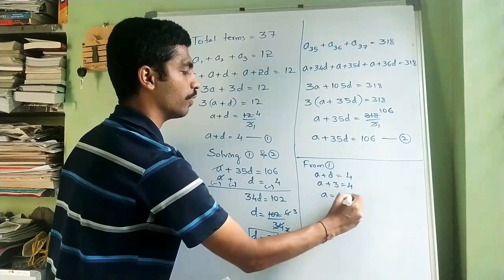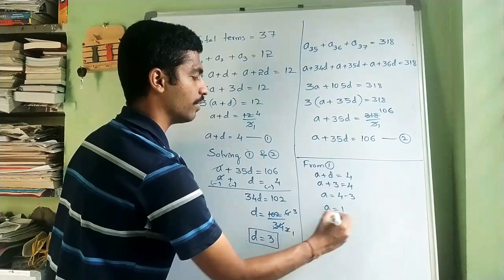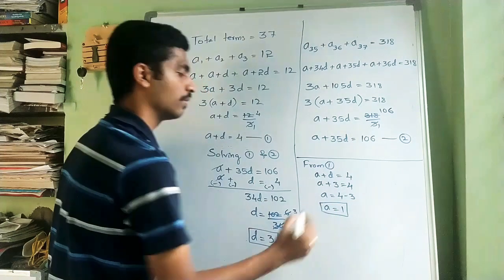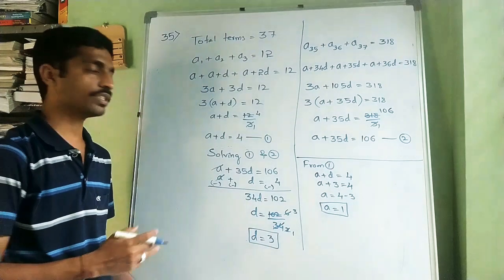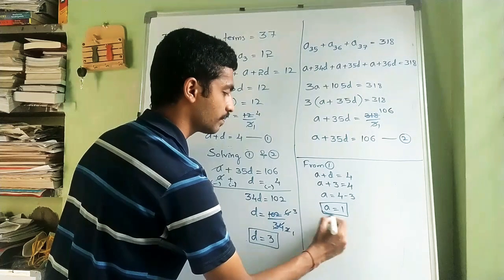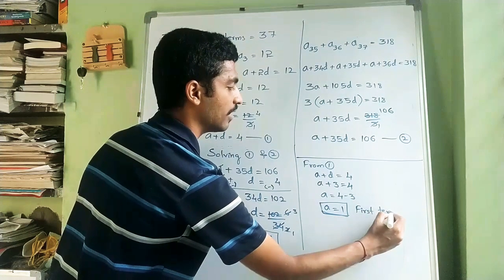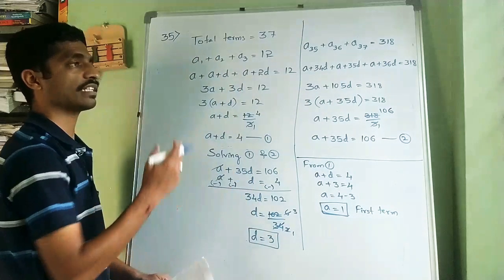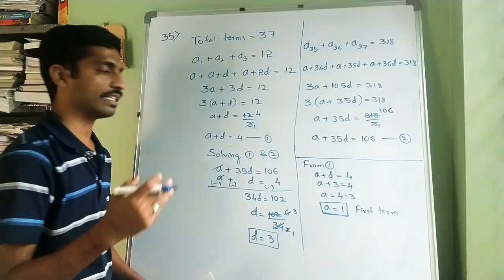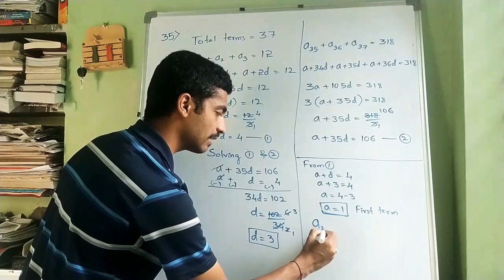A equal to 4 minus 3, A equal to 1. So the first term is how much? A is 1. This is our first term. And we have to find the last term. That is, what is that? Last term, A37.